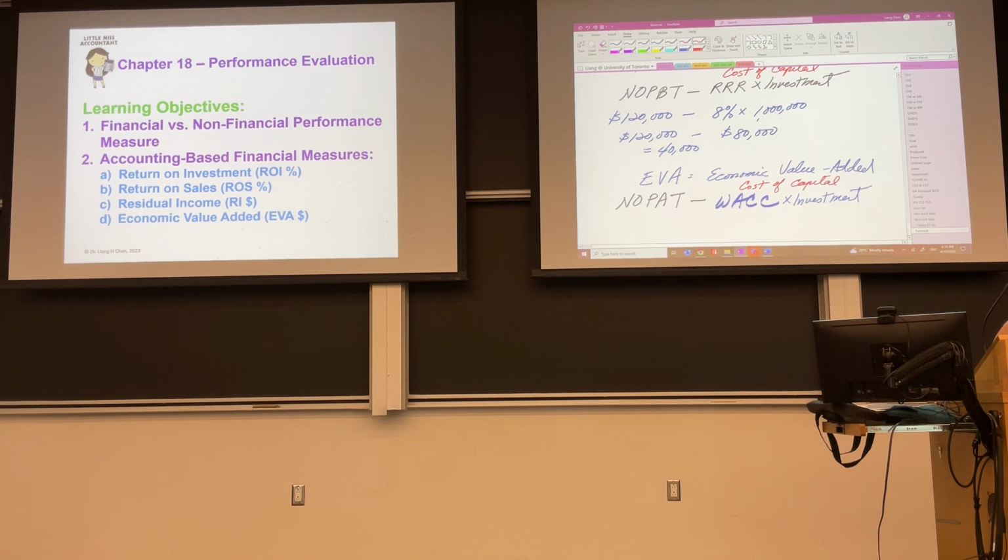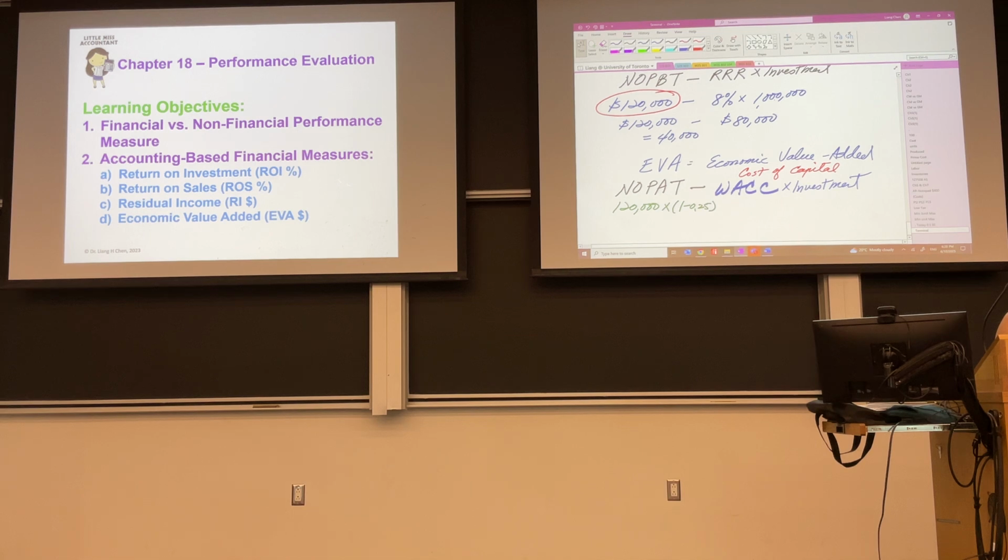First of all, this is before tax. We have to calculate after tax. Suppose the tax is 25%. So 120,000, I'm just making it up to demonstrate to you, times 1 minus the tax of 25%, so 75%. After you pay 25%, 75% is your profit: 90,000.